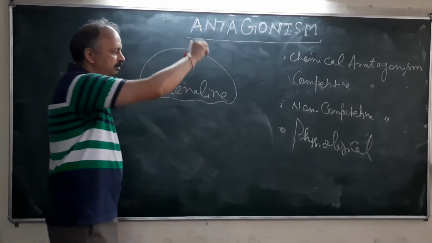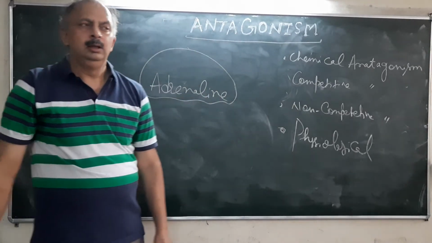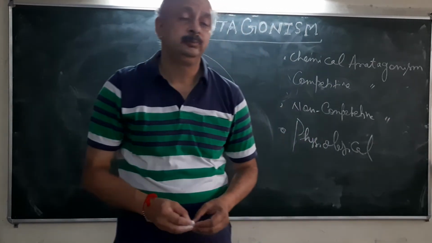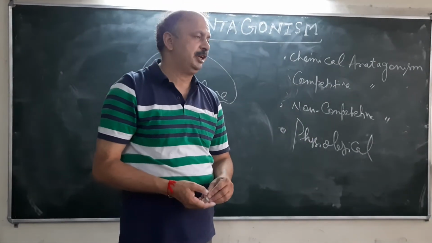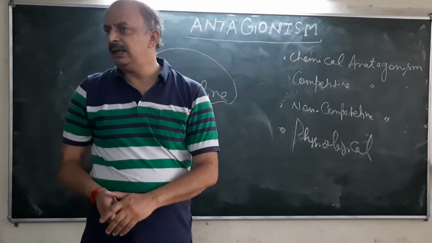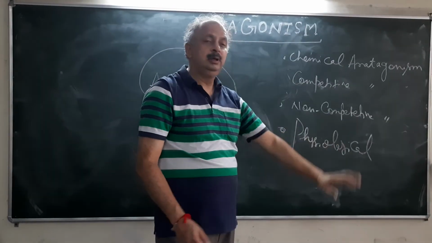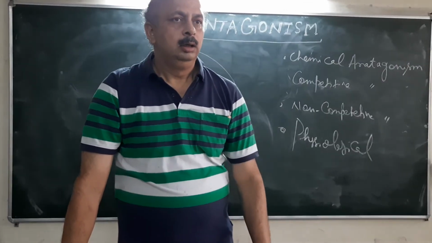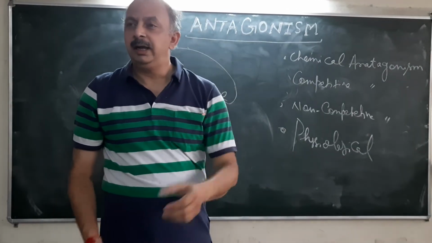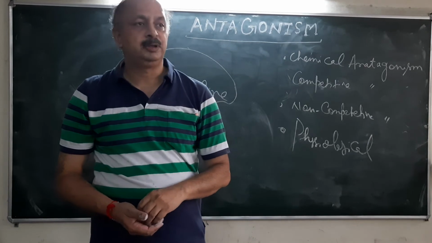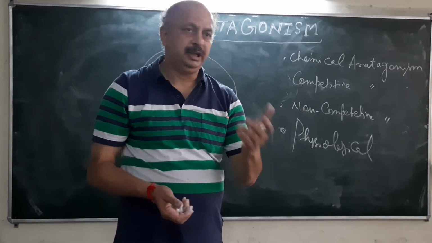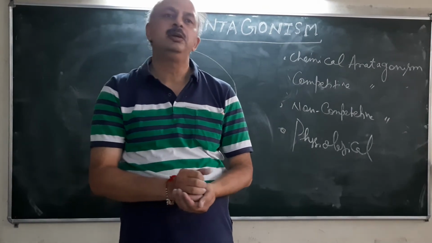So what happens in physiological antagonism? You must understand the term anaphylactic shock. What is anaphylactic shock? For example, a person goes to a doctor for some ailment and he prescribes penicillin injection, that you have to take this injection from the dispensary.